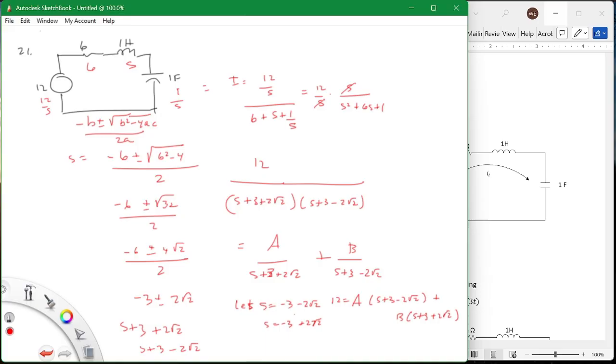So here we go, the cross one. It's messy. This is messy.